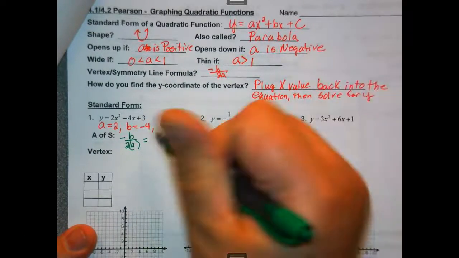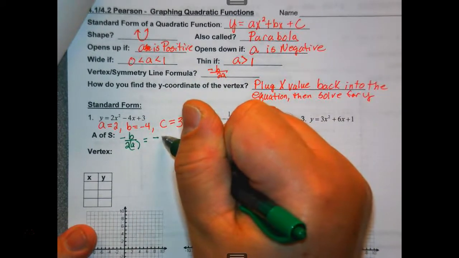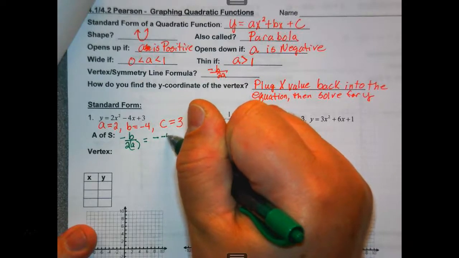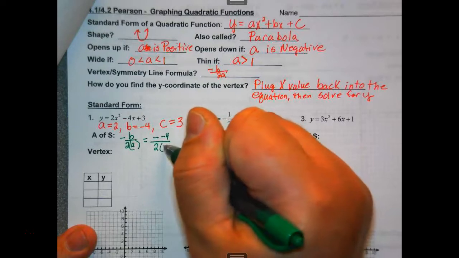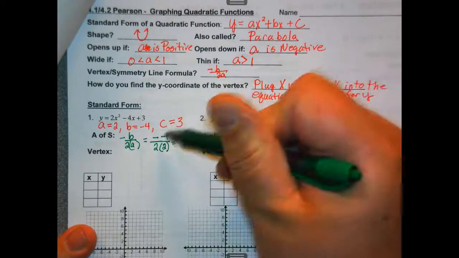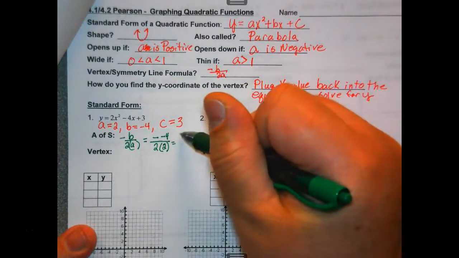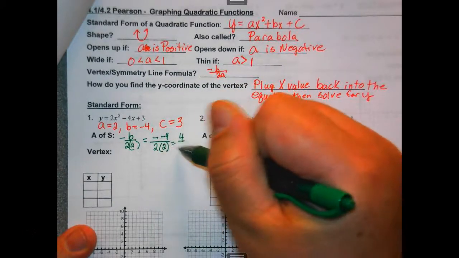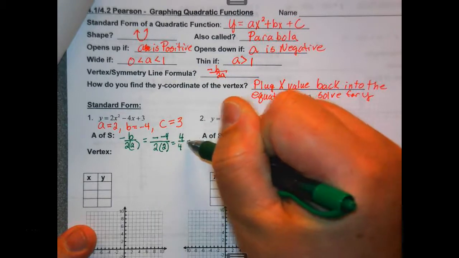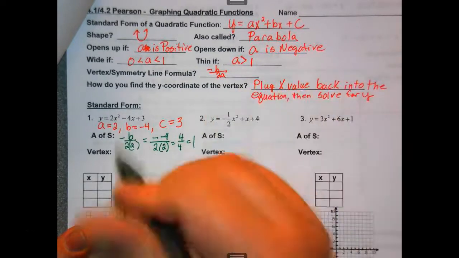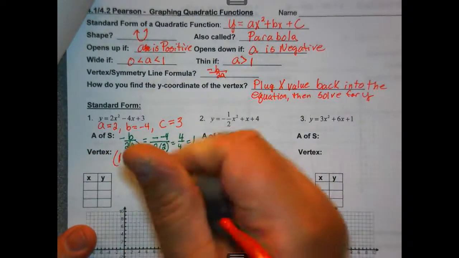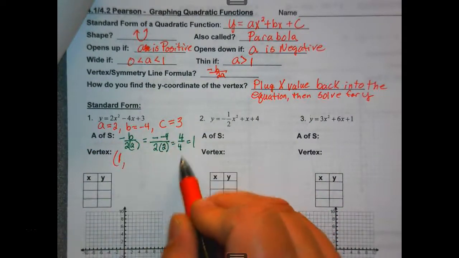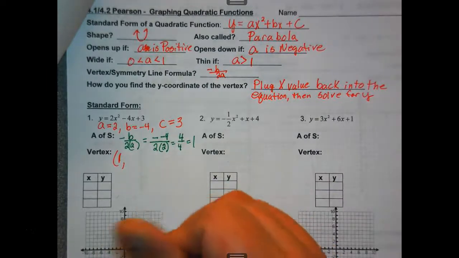Negative 4 divided by 2 times my a. What's 2 times 2? So my x vertex is 1, or my axis of symmetry is x equals 1.